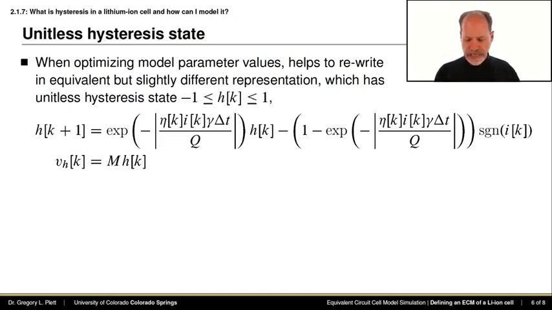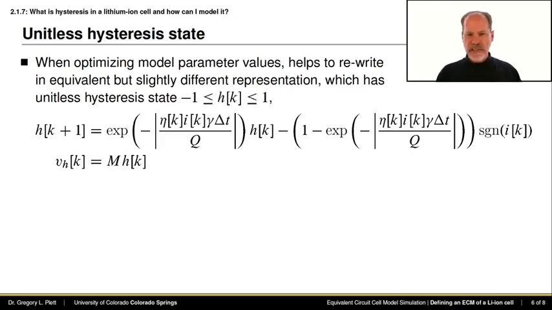On this slide, we slightly changed the form in ways that don't appear to be any different, but it allows us to use some simpler methods to find the parameter values of any particular cell model based on lab test data. So what I've done is I've taken that previous equation and divided the input by m, the constant value, and then on the output I say that the hysteresis voltage VH is m times h.